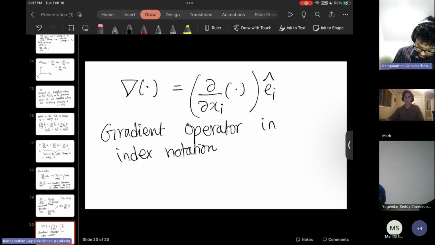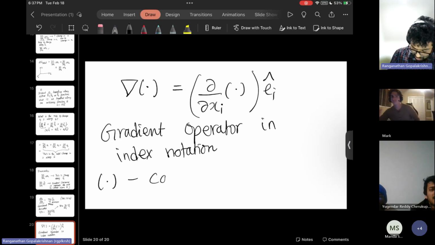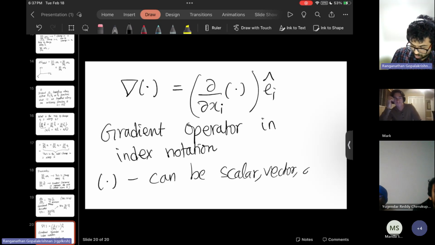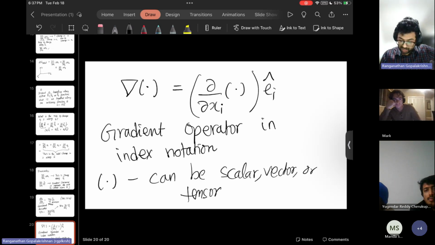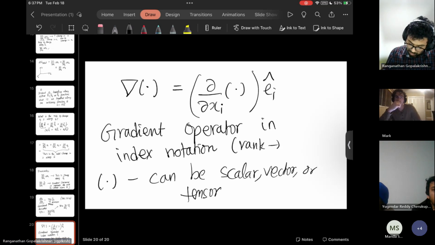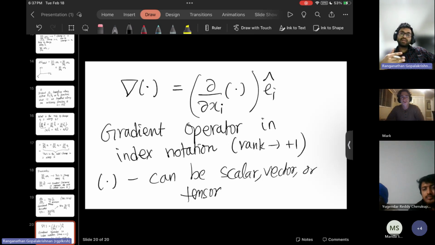This something can be anything: scalar, vector, or tensor. Whatever quantity that is, the gradient operator will increase the rank by 1. If you operate the gradient on a scalar, you end up with a vector. If you operate it on a vector, you end up with a second order tensor. You operate it on a second order tensor, you end up with a third order tensor, and so on. It will increase the rank by 1 always.